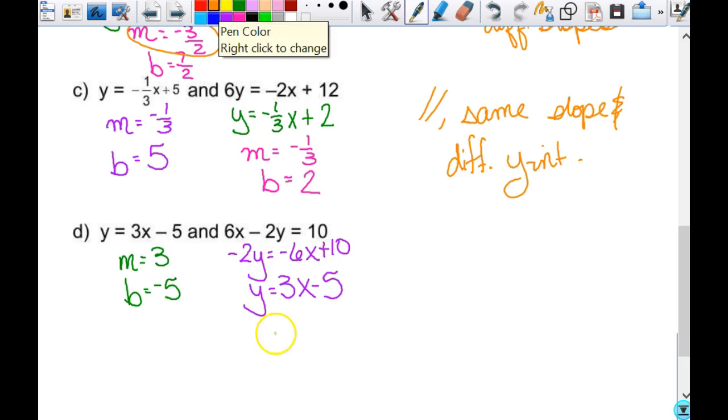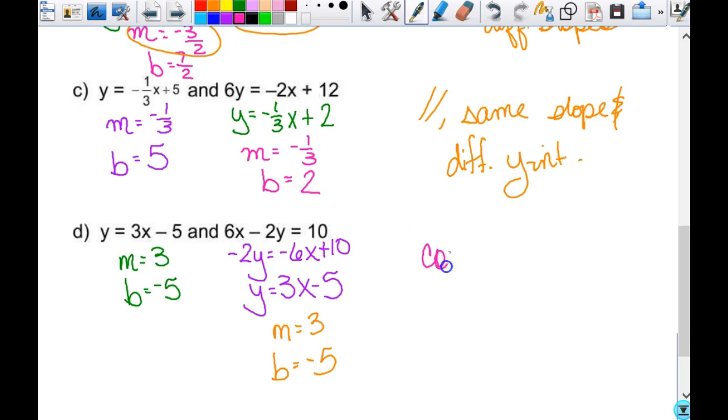All right, so what is the slope? 3. What is the y-intercept? Negative 5. So what are they? Coinciding. So these coincide because they have the same slope and same y-intercept.